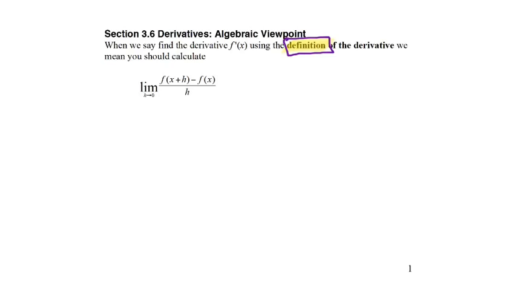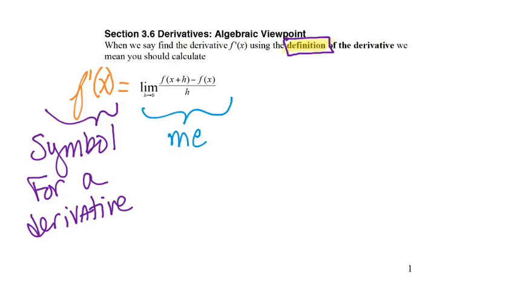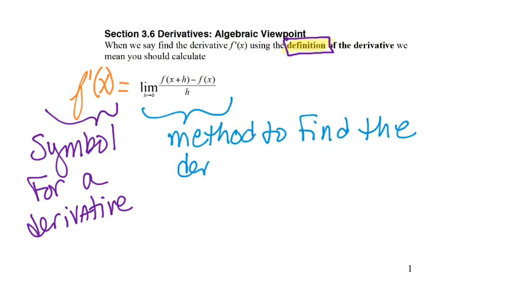But for now, if you're asked to use the definition of derivative, we're expecting you to use this limit of the difference quotient. And really, we should note that it's f prime equals that. f prime is the symbol for the derivative on the left of the equal sign, and it's the limit of the difference quotient, which is the method for finding the derivative.